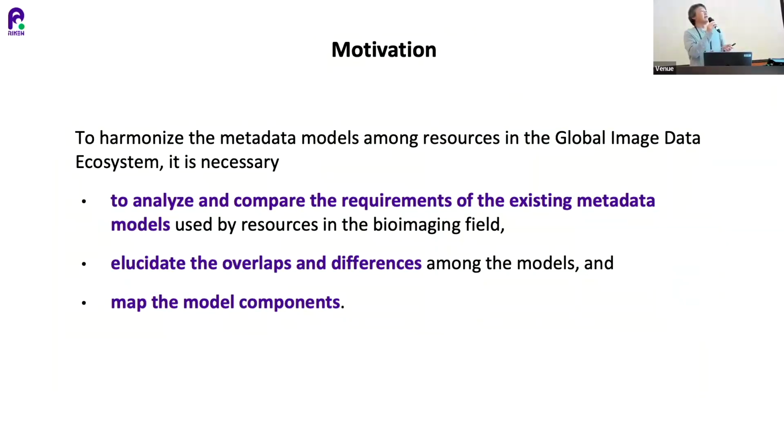We have to analyze and compare the requirements of the existing metadata models used by the resources, elucidate the overlap and the differences between them, and then try to make a solution.